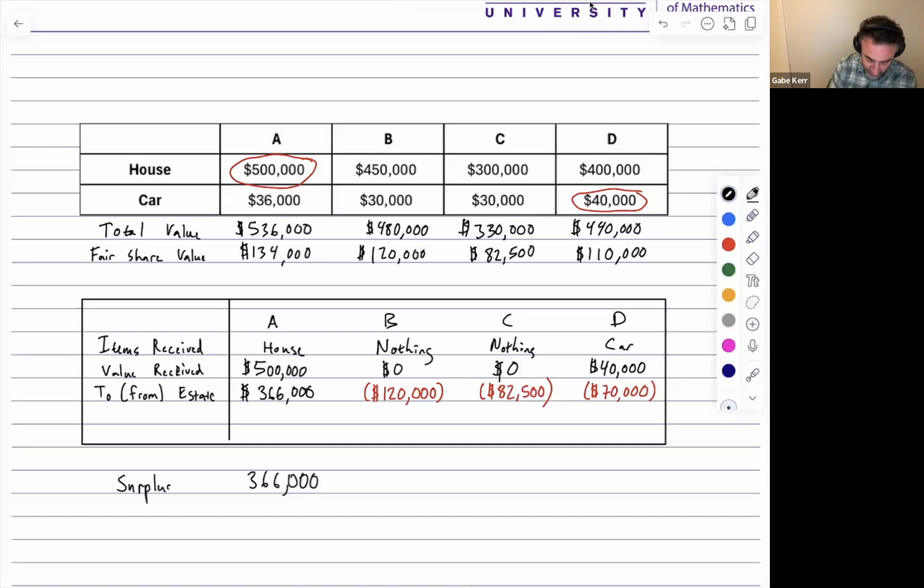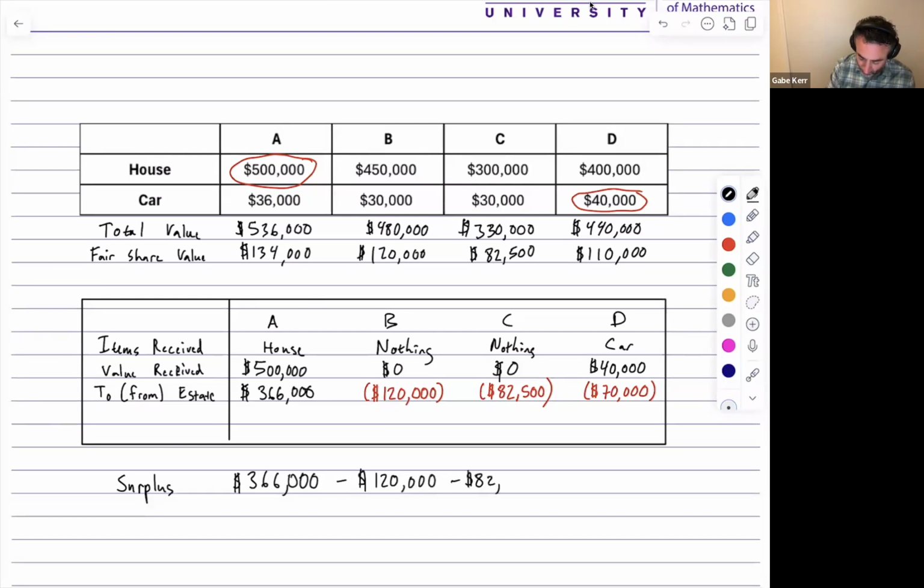How do we calculate the surplus? We look at how much money the estate received, which only one player gave money to the estate, which was A, who gave $366,000 to the estate. And then we subtract out how much money was paid to the remaining players, because all of the other players received money from the estate.